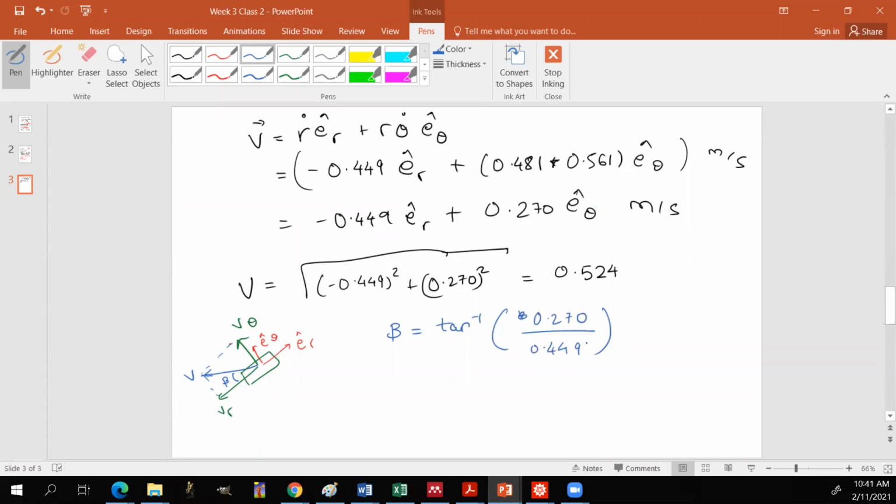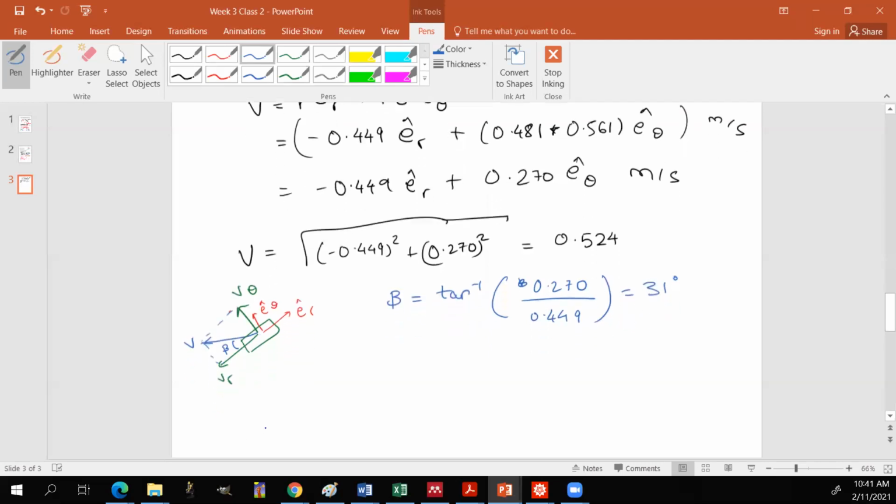And what does this angle come out to be equal to? 31 degrees. We've accounted for this negative sign by saying that it's in the minus e_r direction, right over here.